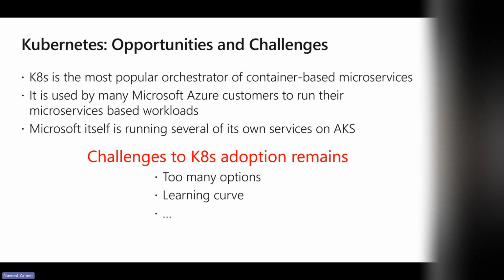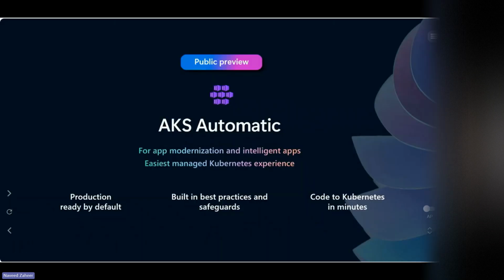Okay, and that's where AKS Automatic comes into the picture. It is a managed Kubernetes experience which is production ready, uses the recommended practices and safeguards, and allows you to run your applications as quickly as possible, in the sense that you don't have to spend time tweaking and optimizing your AKS cluster.